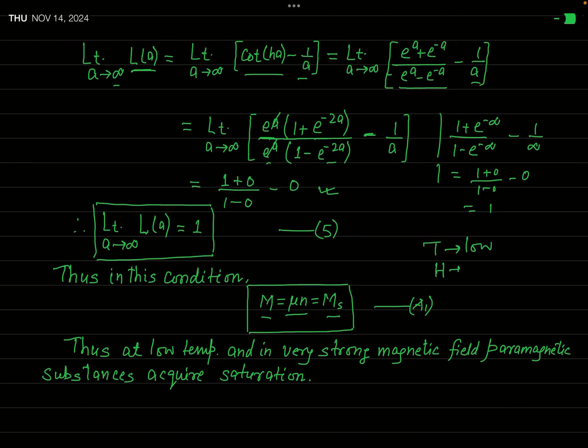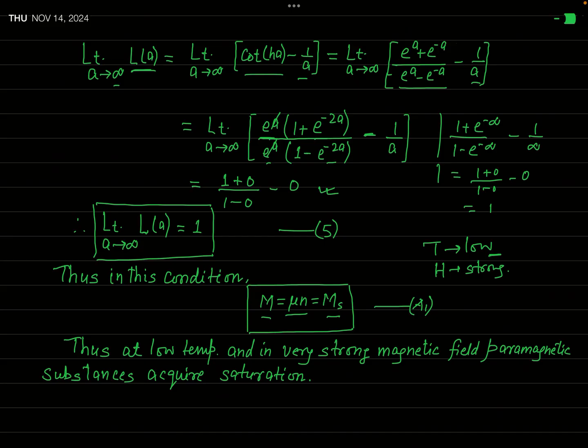But H is very strong. It means each atomic or molecular dipole will experience a strong torque, and that torque will bring the dipoles along the magnetic field. And due to the very low temperature there will be little thermal agitation.